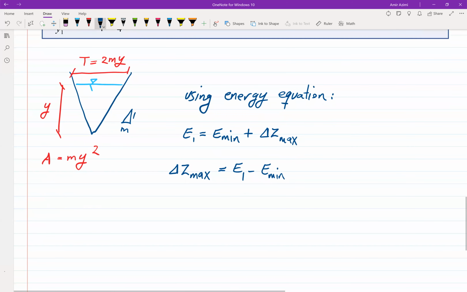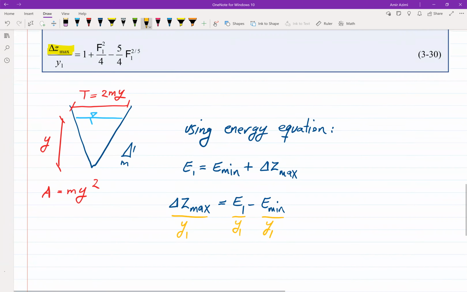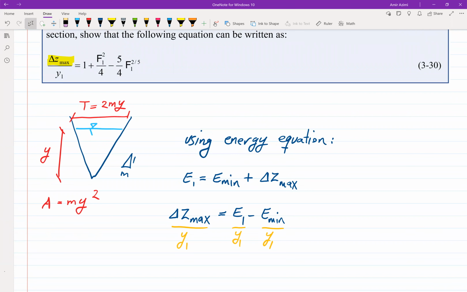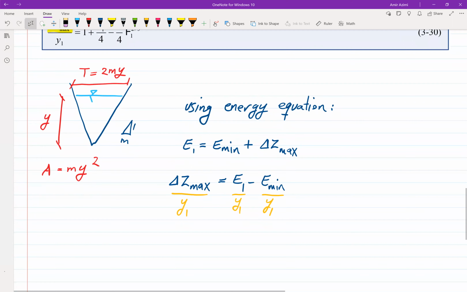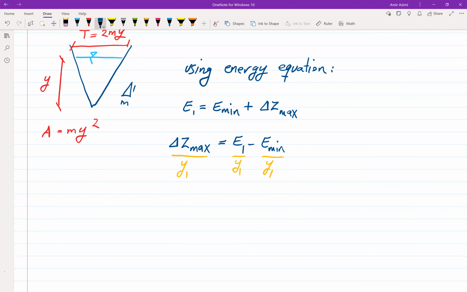And then I divide the left and right hand side by Y1. So the left hand side is exactly the same as what we have. Now we work on the right hand side. The first term is E1 divided by Y1.